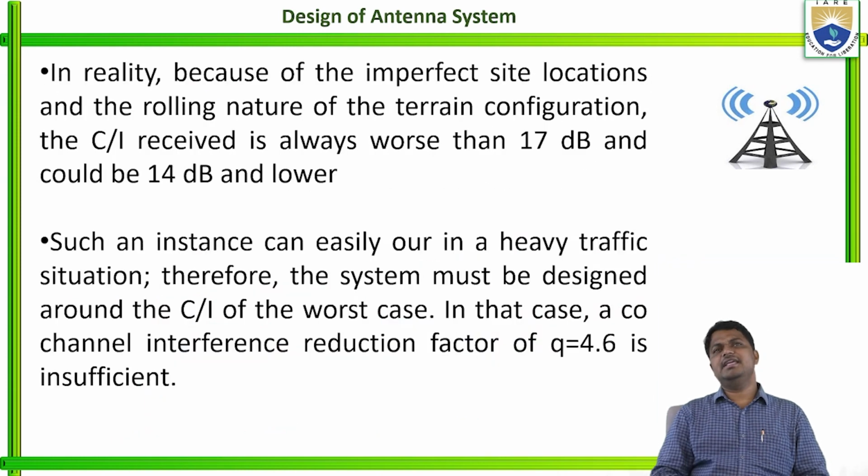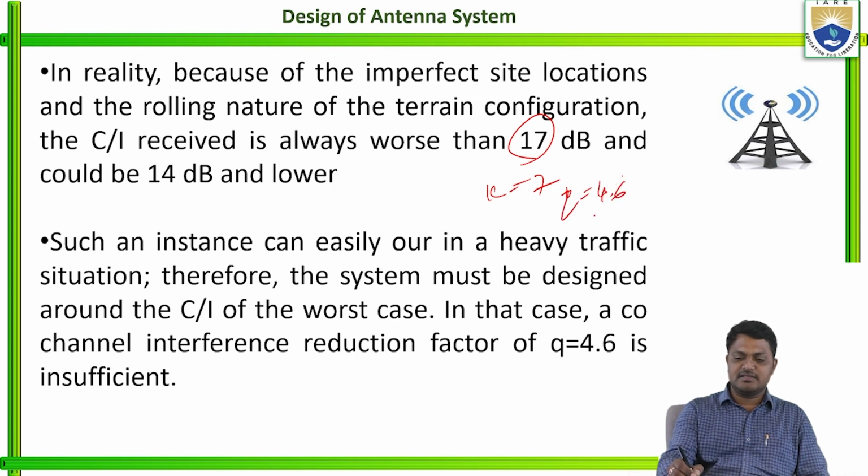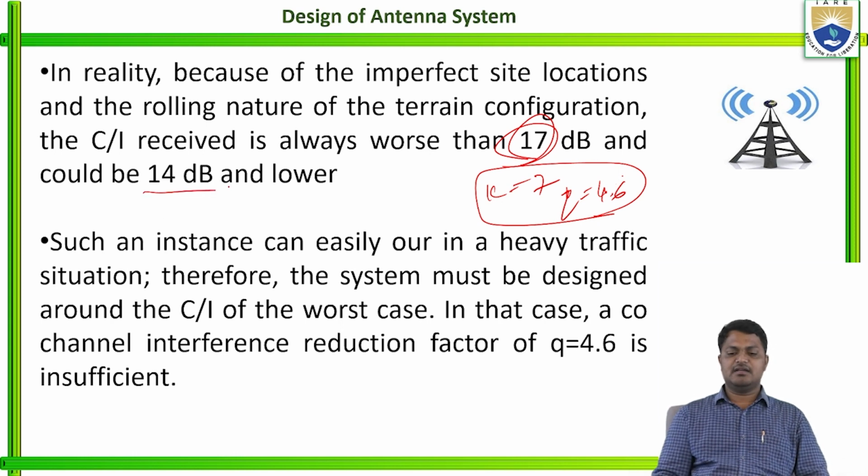So in reality, with the perfect locations and rolling nature of the terrain configuration, the C by I ratio in the worst case we are getting 7 dB. So when K is equal to 7 and Q is equal to 4.6, we get the worst case, that is 17 could be, and there could be 14 dB lower.